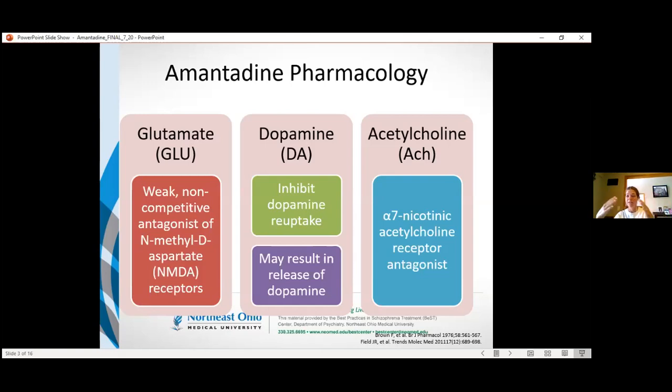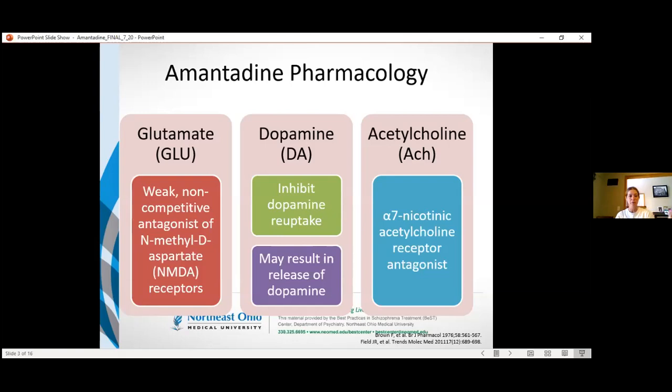So potentially attenuating some of the acetylcholine effects, but not necessarily shutting everything down. It also is suggested to have some norepinephrine reuptake inhibition, again, a relatively small amount of activity, but that may play a role in one of the uses that we see a little bit later on.